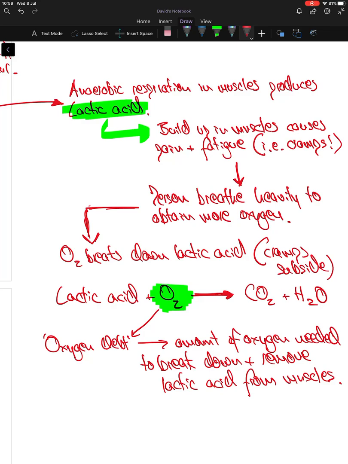Okay, so that's what we mean by the term oxygen debt, which hopefully will give you a better understanding of it.